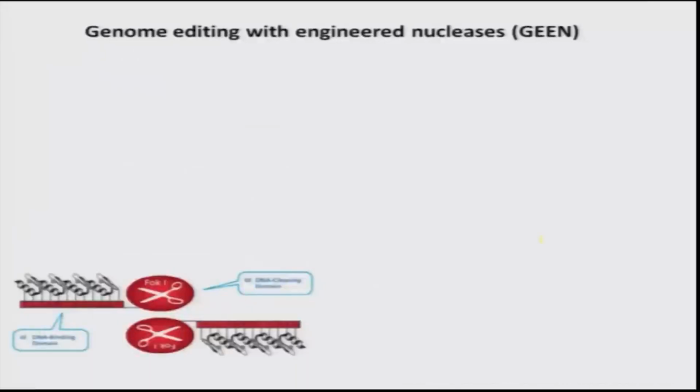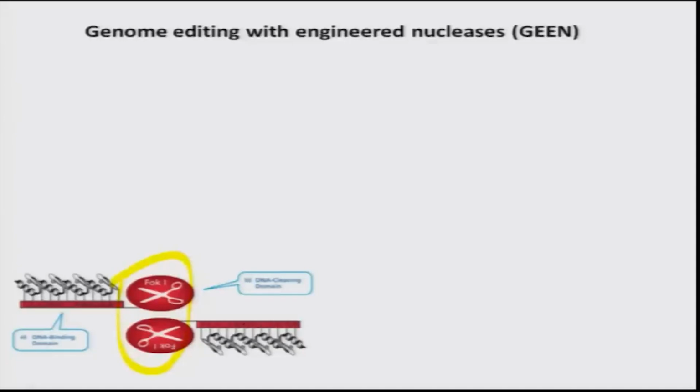Let us look into what these nucleases are that people use for genome editing. The first nuclease that people started using was like a restriction enzyme, as we said. So, we have a domain that is able to cleave the DNA, just like a restriction enzyme.